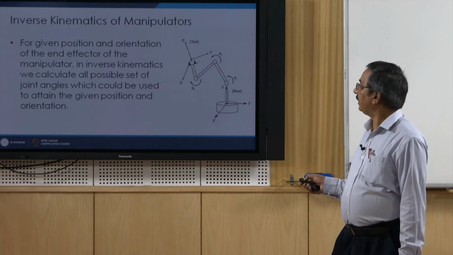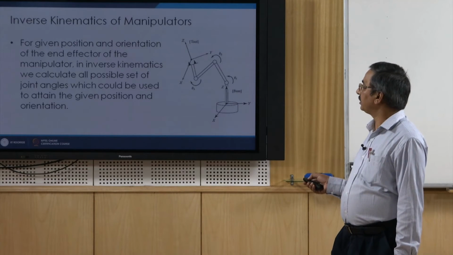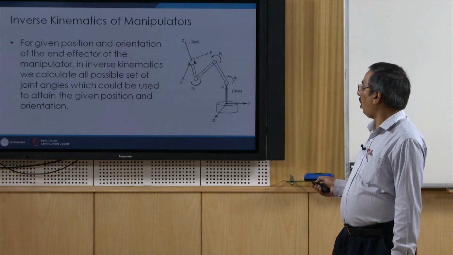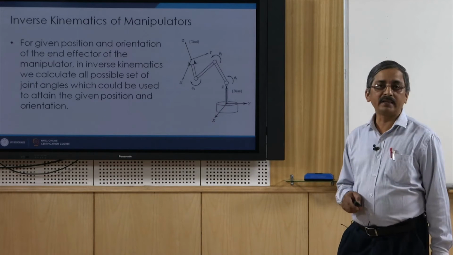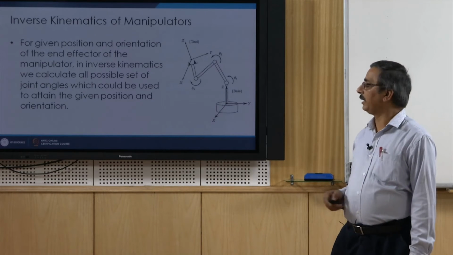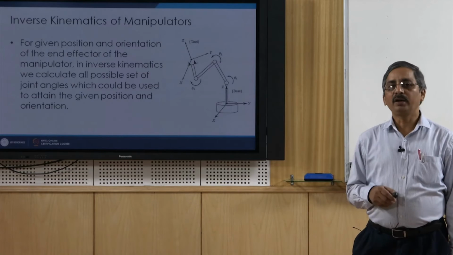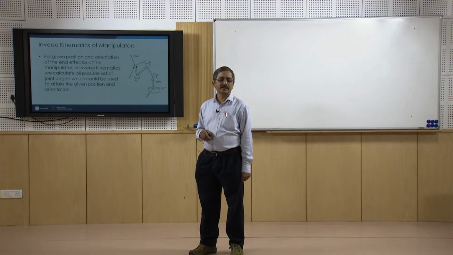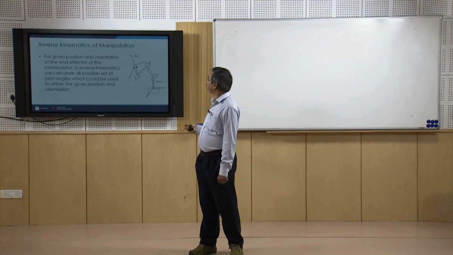So, for a given position and orientation of the end effector of the manipulator, we find all the possible sets of joint angles which could be used to attain the given position and orientation. So, this is about the forward and inverse kinematics of manipulator.